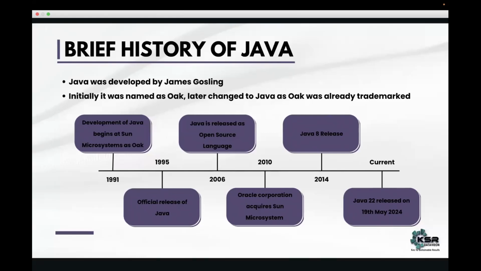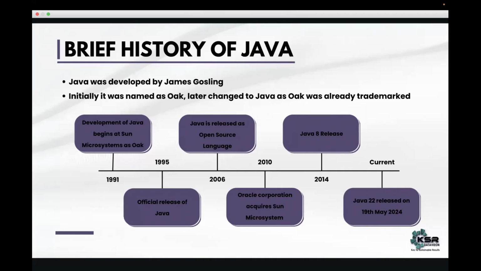That's very remarkable, so they are keeping Java updated. You cannot think Java is outdated when using Java 8. Java is getting updated based on new technologies, with a lot of performance improvements and bug fixes. So this is a brief history. It started in 1991 and is still used. It's a highly demanded language.